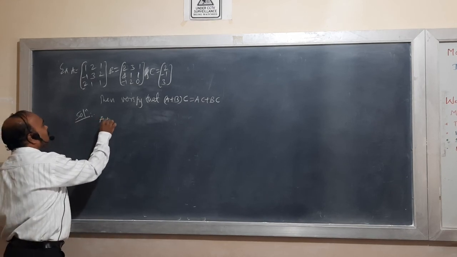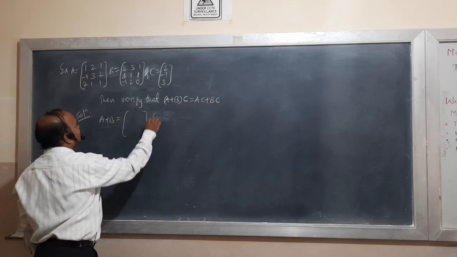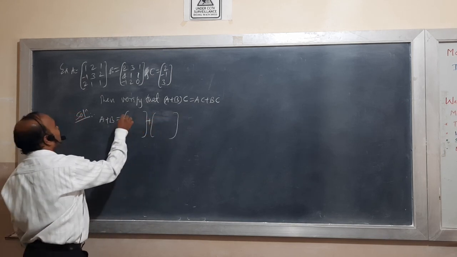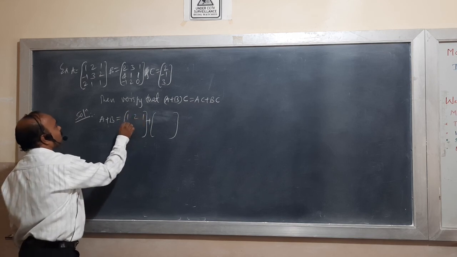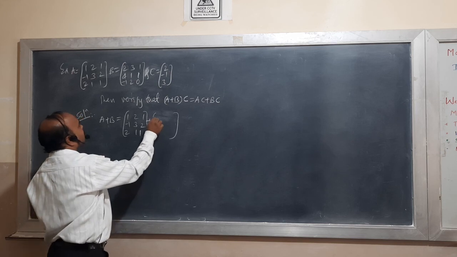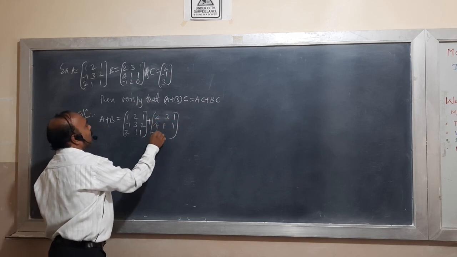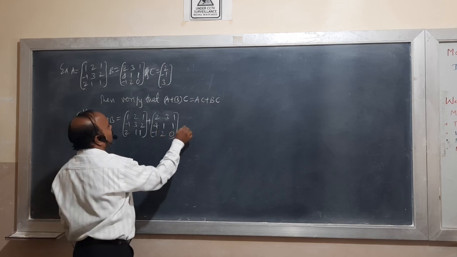A plus B equal to, first add these two. A is [1, 2, 1; minus 1, 3, 2; 2, 1, 1]. B is [2, 3, 1; 4, 1, 1; minus 1, 2, 0].